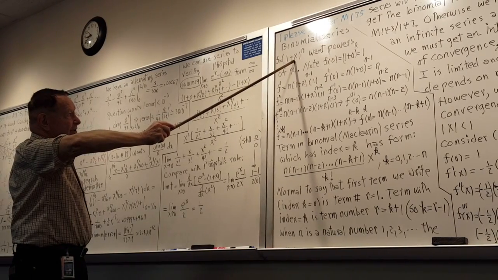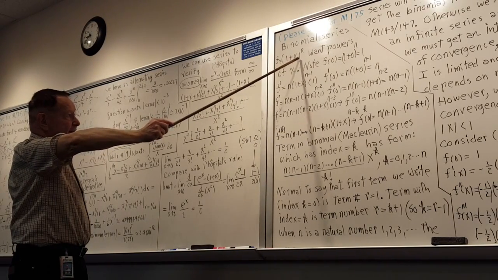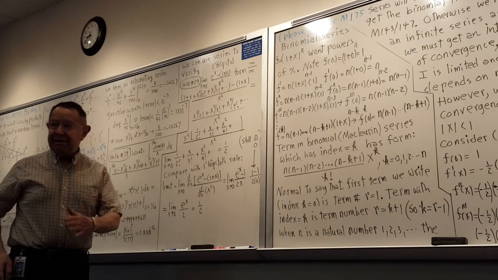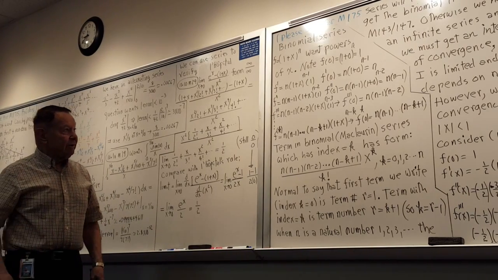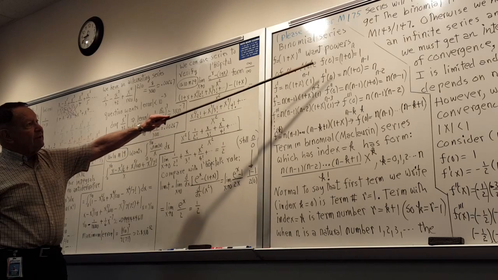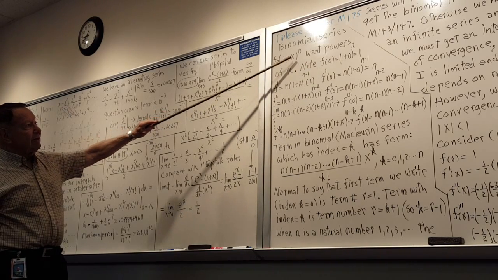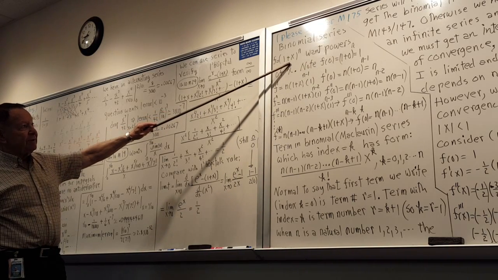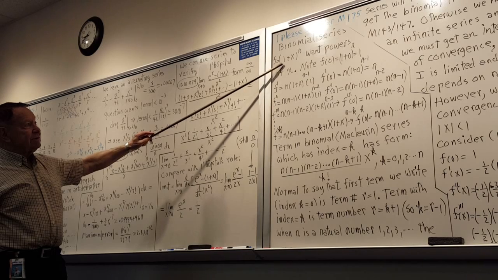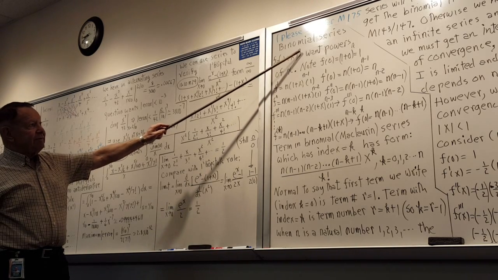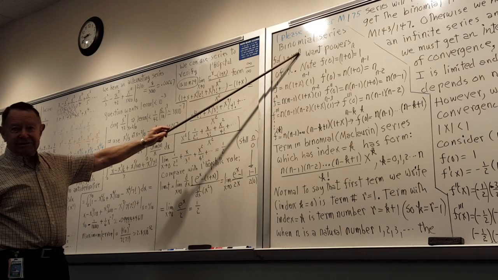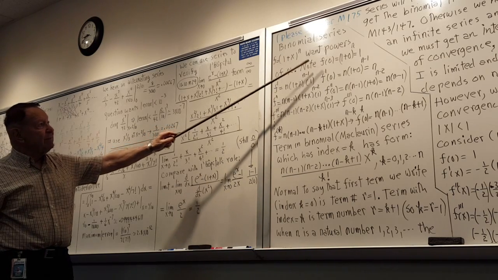We want a series for this in powers of x, which will just be a polynomial if the n is a positive whole number. So if you set out to make the Maclaurin series for this function, you notice that you can certainly do the derivatives whether the n is a positive whole number or not.